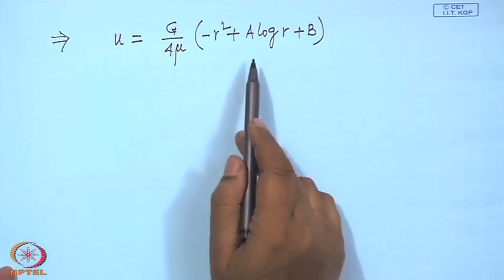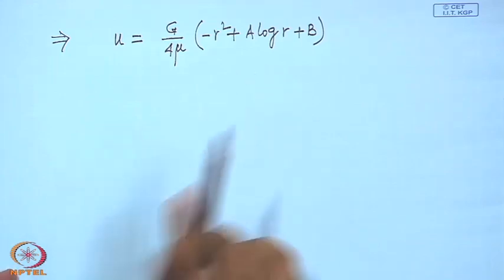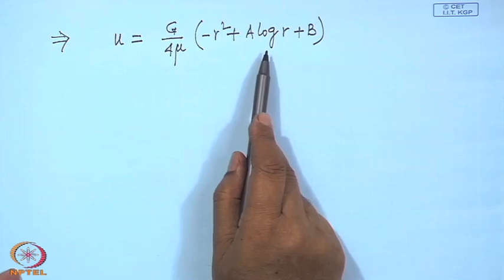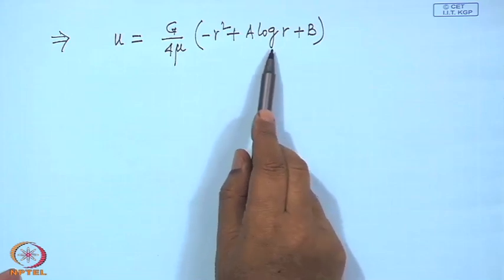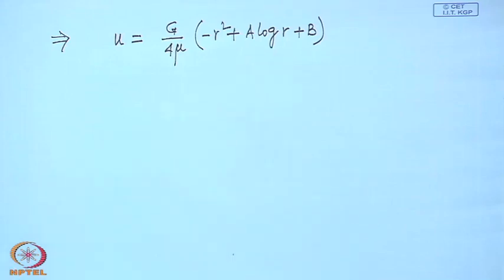For the second one, look at this term: the second term, A log r, becomes singular at r equal to 0. Log 0 is not defined. So, the second term becomes singular at r equal to 0. The velocity is undefined there, but in a real practical problem, how are we getting this flow?